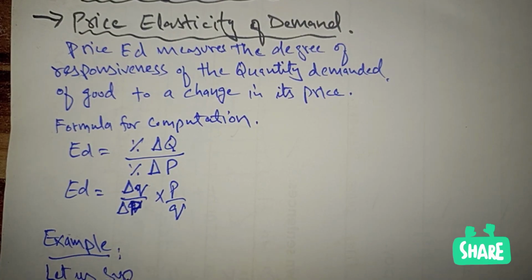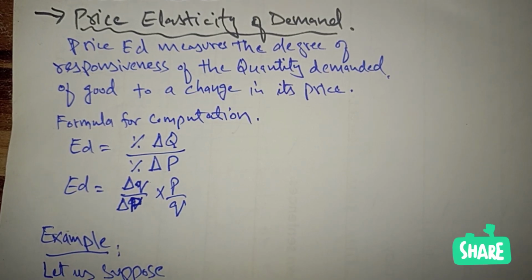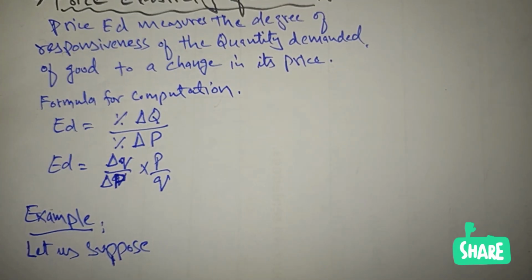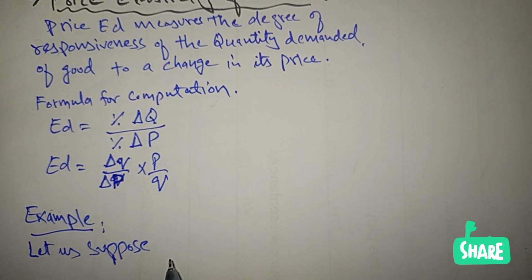Here ED stands for price elasticity of demand, Q stands for original quantity, P stands for original price, and delta stands for a small change.